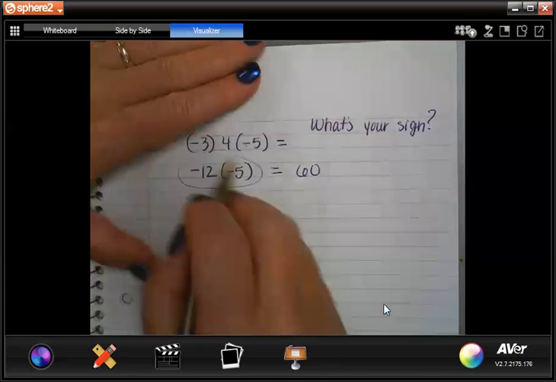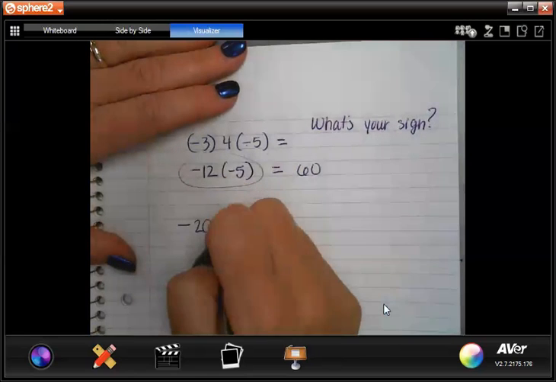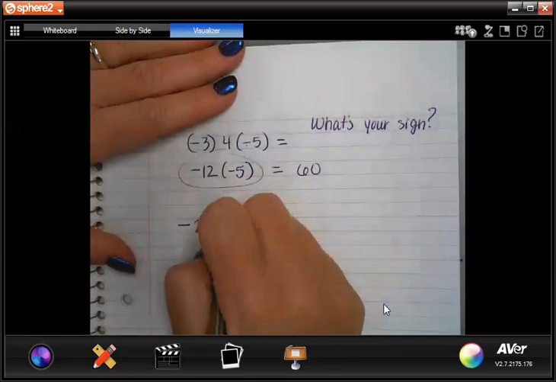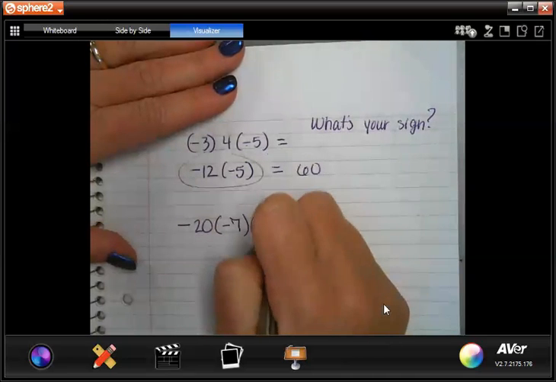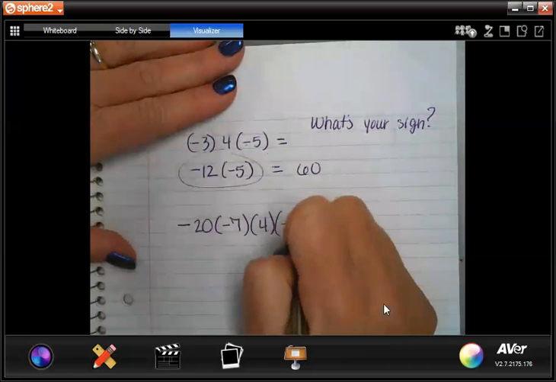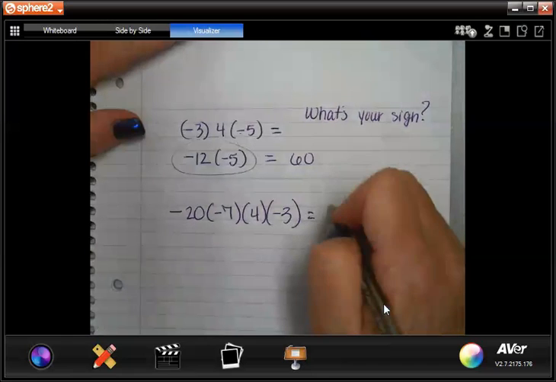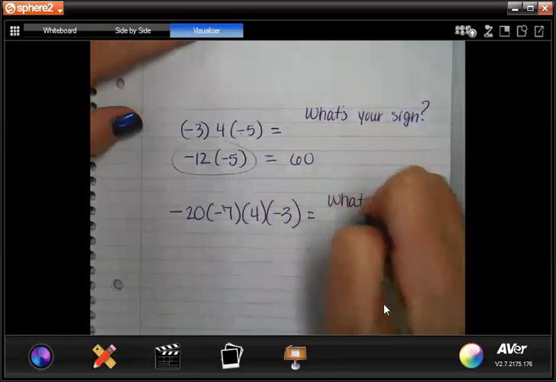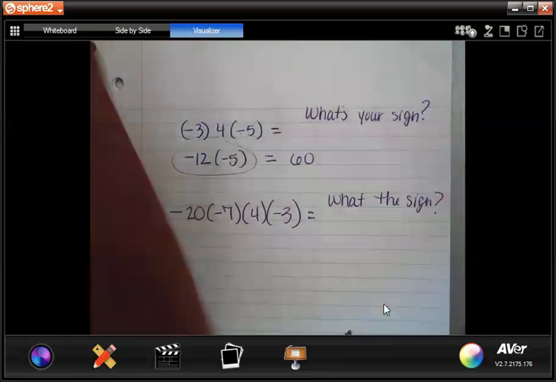So if I had this problem, negative 20 times negative 7 times 4 times negative 3, I don't want the product. No, I want to know what's the sign. So would this product be positive or negative?